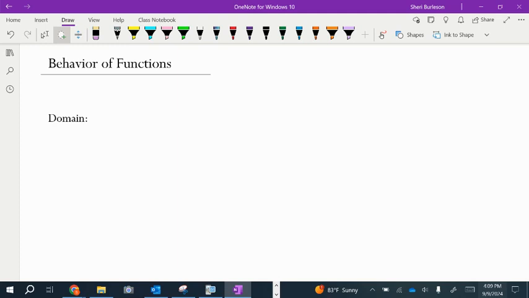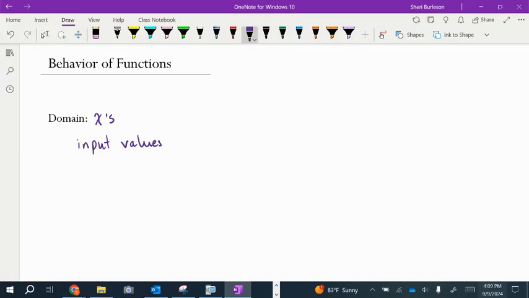So when we are talking about the domain of a function, in the past, you have probably been told that those are the x values, the x's. So for domain, we are talking about input values, because functions don't always have to be written in terms of x and y.